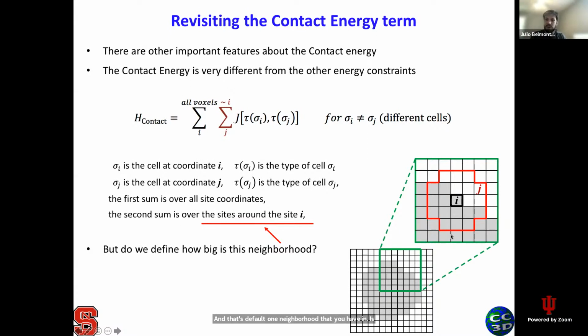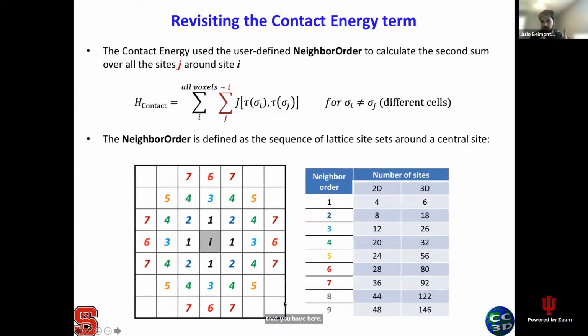But you can define this neighborhood to be bigger or smaller. It is defined by the neighbor order parameter in your contact plugin. Neighbor order is the first layer of sites next to your site, the second layer next to your original site, the third layer, and so on. So this is how the neighbor order looks.